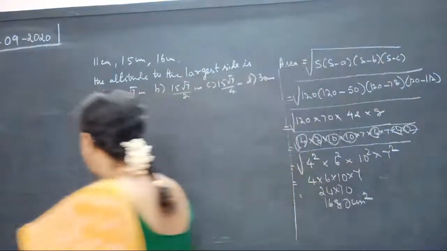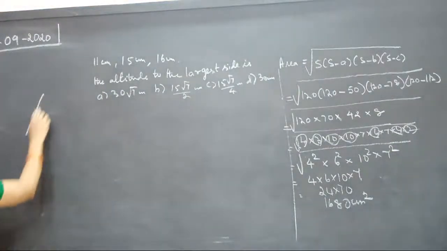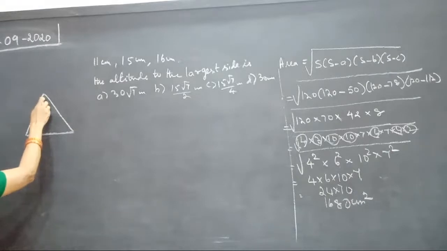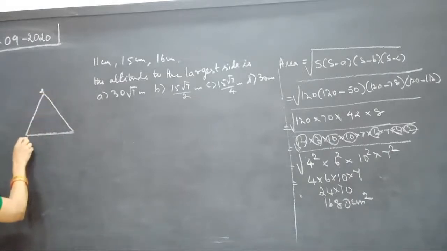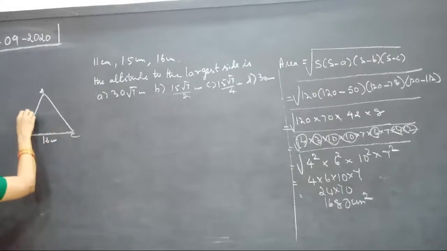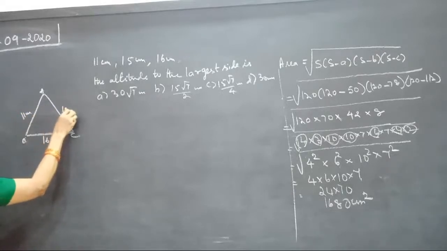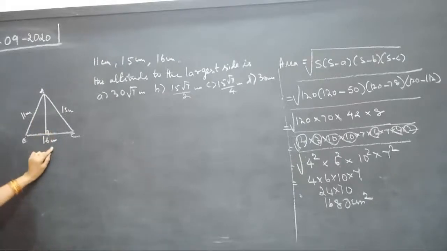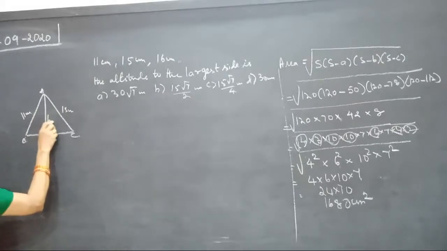So again, get the figure, and the measurements are: take as base 16 centimeter. So we need the measure of this altitude drawn to the largest side. This h you have to find out.